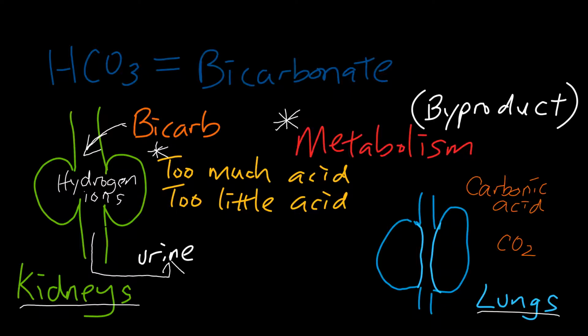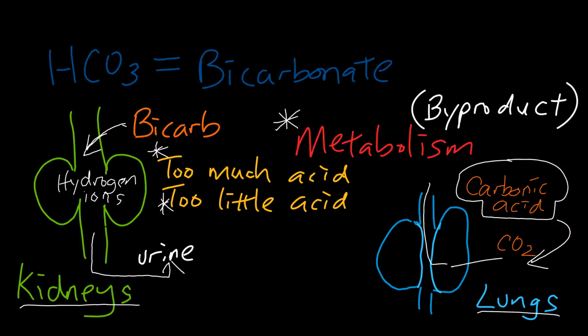Likewise, when there's too little acid in the body, the kidney is going to generate more hydrogen ions to produce more bicarb. And for the lungs, when there's too much acid in the body, the lungs are going to convert the carbonic acid into CO2, and get rid of the CO2 through ventilation out of the body.